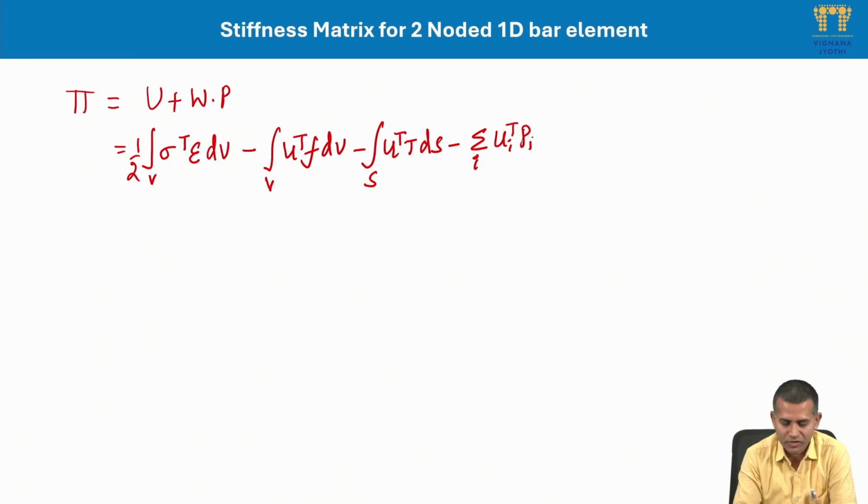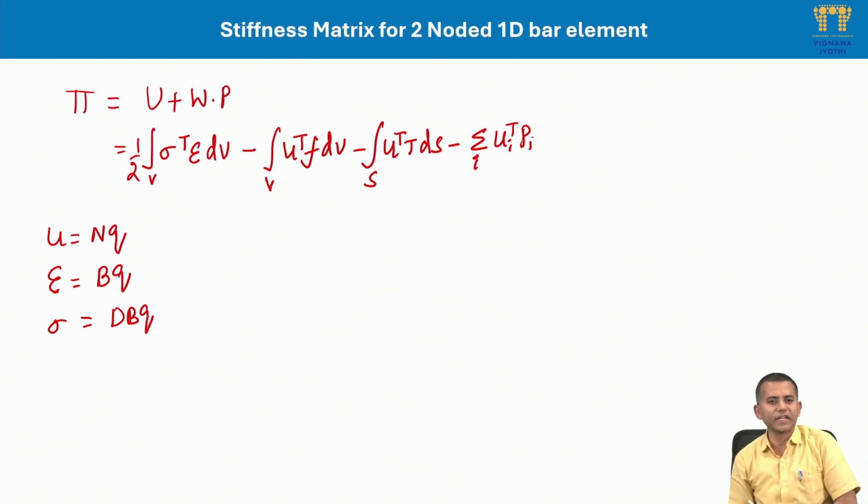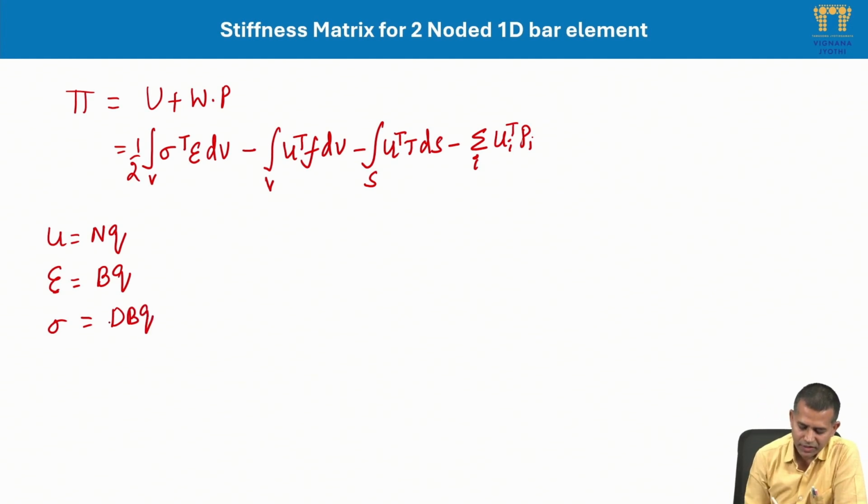Just for a recap, sigma is the stress, F is the body force, that is force per unit volume, T is the traction, and Pi are the point loads acting at different positions. Now we have U, which is nothing but NQ, strain epsilon, which is nothing but BQ, and stress, which is nothing but DBQ. It is a general DBQ; if it is one dimension, you can write it as E also.